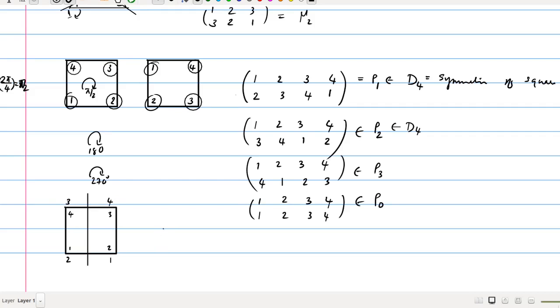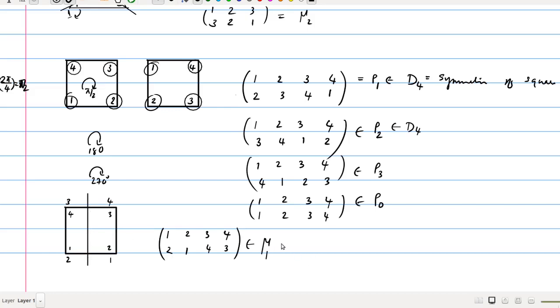Again this defines a new permutation 1 2 3 4, where 1 is mapped to 2, 2 is mapped to 1, and 3 and 4 are interchanged. This is denoted by mu1. This permutation is due to the perpendicular bisector of these two sides.